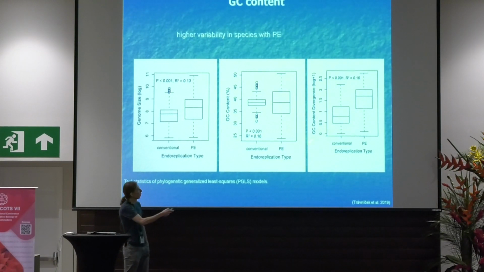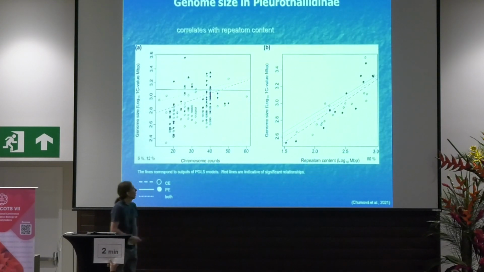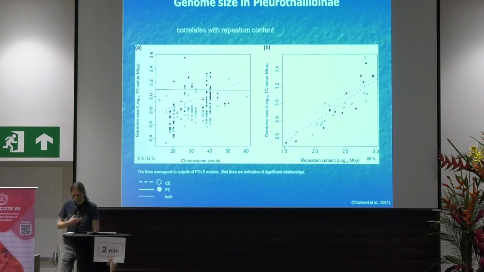This is the same in different projections. This is divergence from median, so you can see that the divergence is higher in species with partial endoreplication. That's not surprising. So this variability in GC base pairs content is created by those species with partial endoreplication.